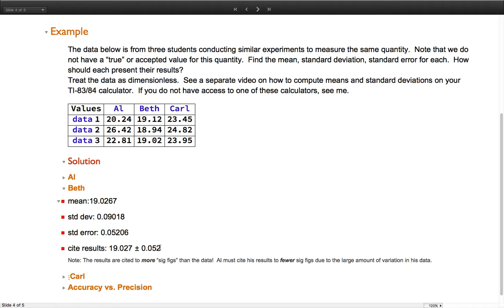The last digit in alpha is the thousandths place. That means Beth gets to round off her mean value to the thousandths place. So her mean value is 19.027.